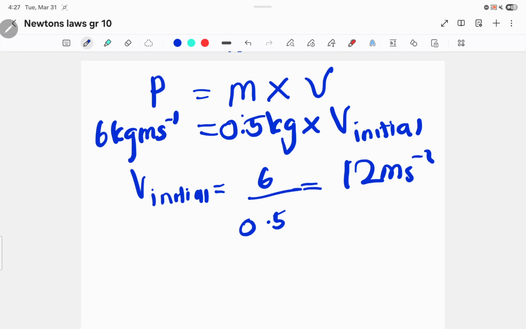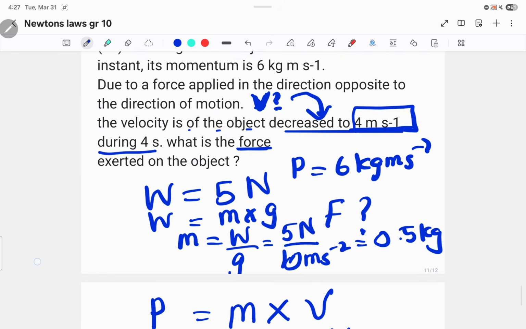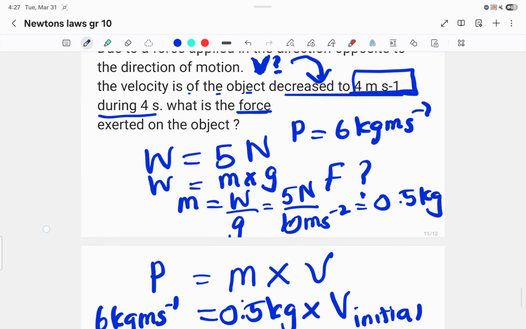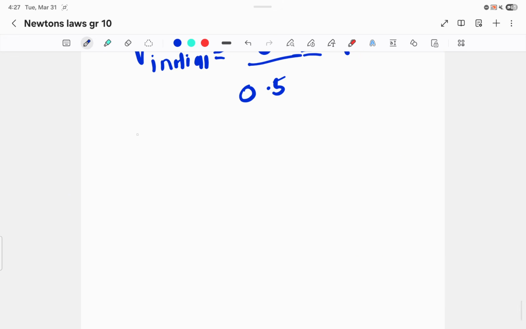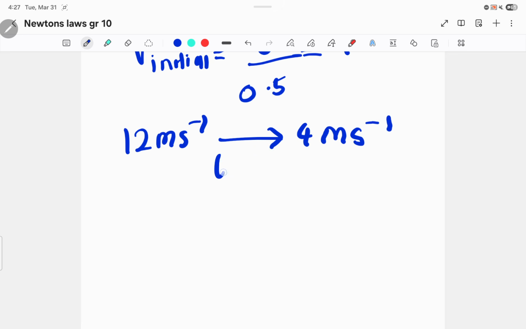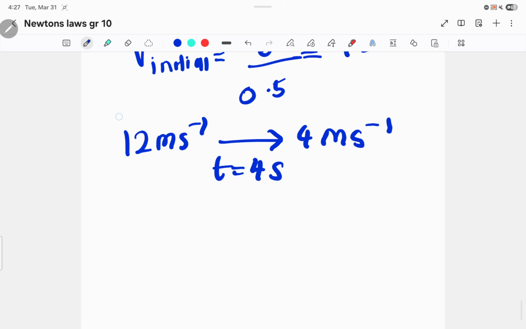Then you know the initial velocity. After applying a force, this 12 meters per second decreased to 4 meters per second within how much time? 4 seconds.